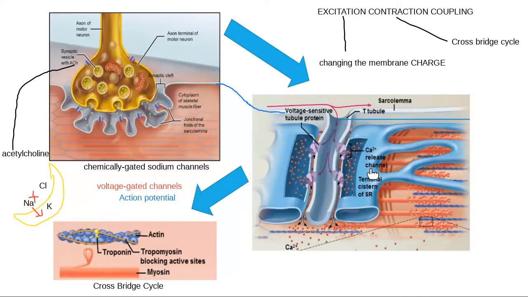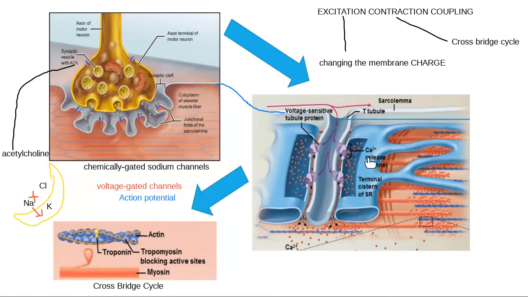These channels will release calcium when they are pushed open. So these channels are not always open. If I'm not always open, I would be called gated, right? So this calcium release channel is a gated channel, and I have to be pushed.